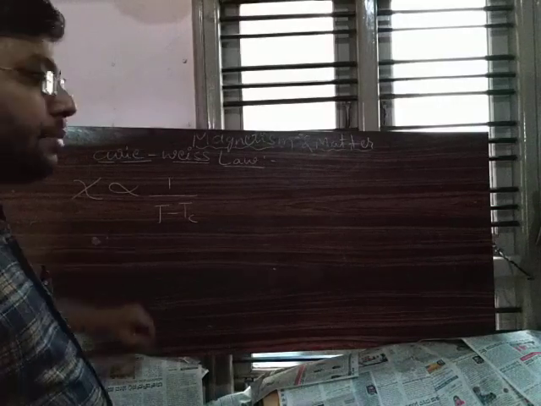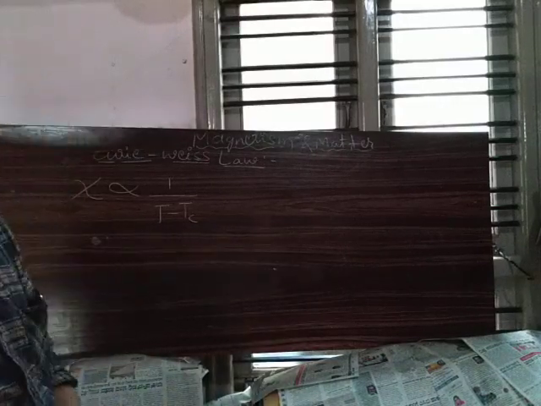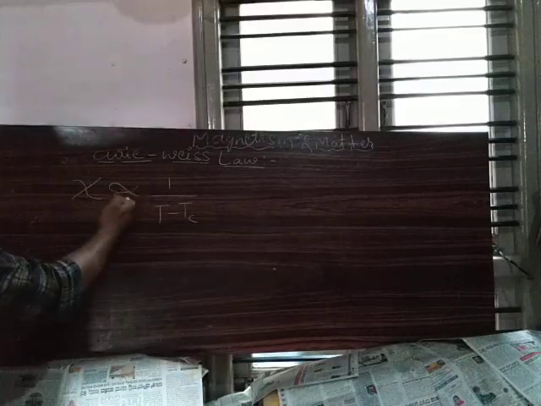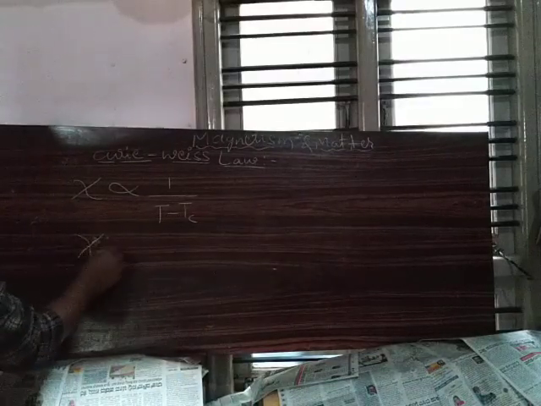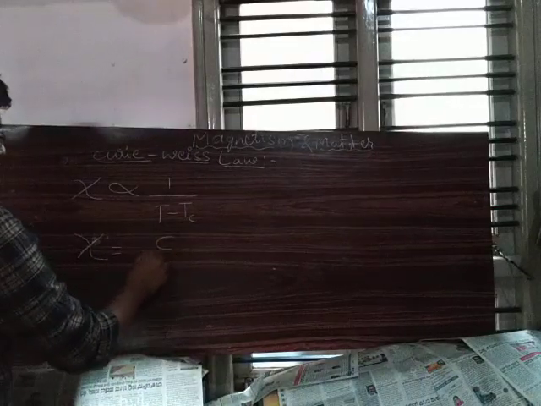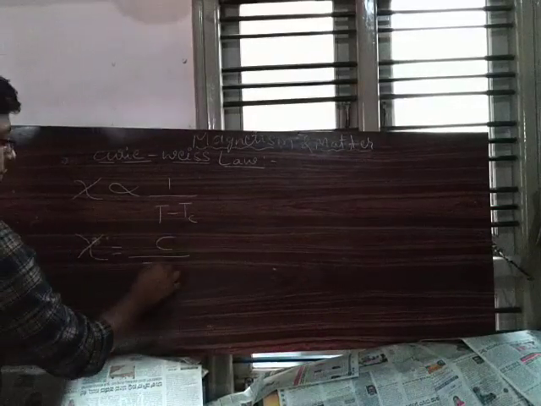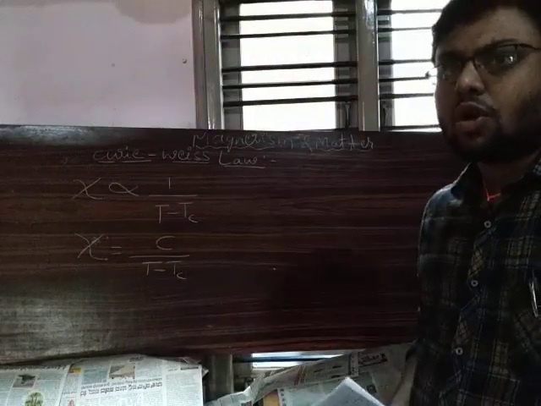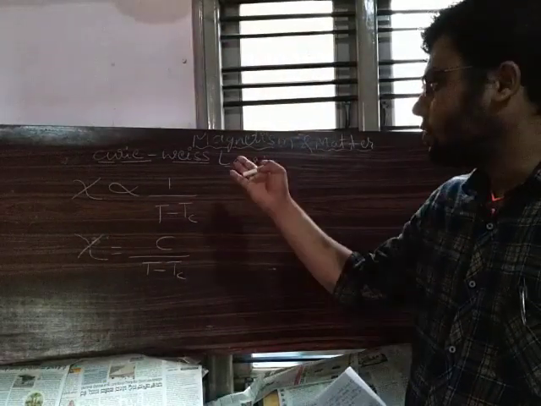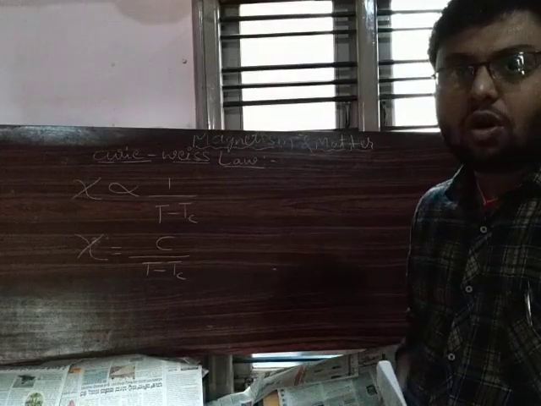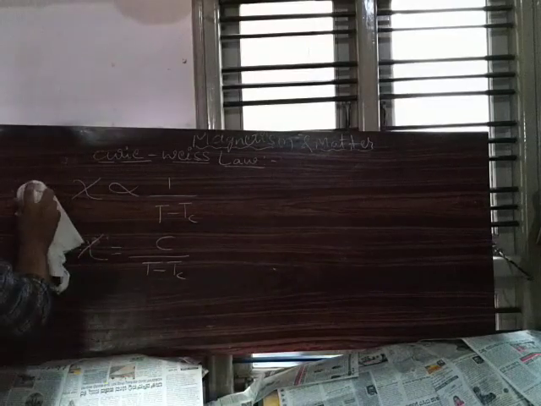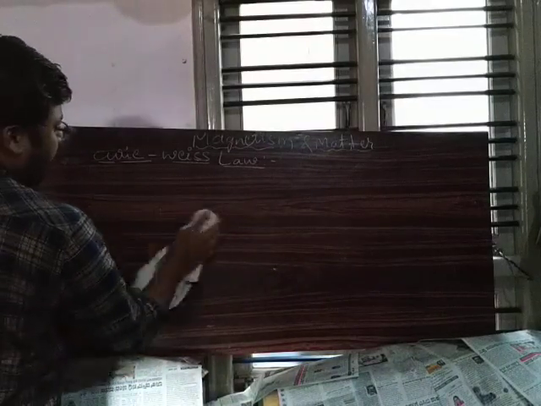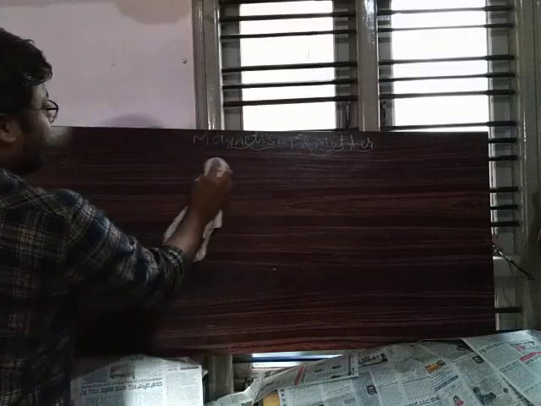Again, in order to eliminate this proportionality sign, we'll take a constant C, which is called the Curie constant. Right? So this is about the Curie-Weiss law. Next we'll study the properties of ferromagnetic material, paramagnetic material and diamagnetic material.